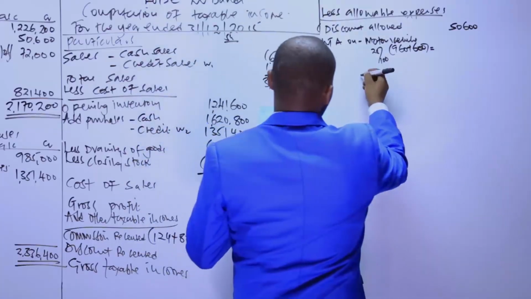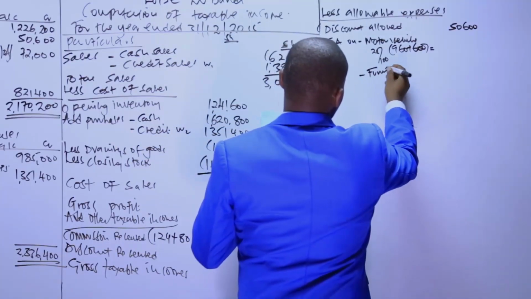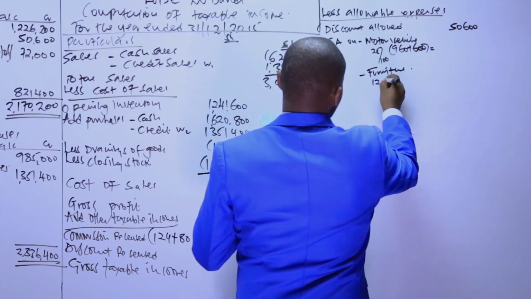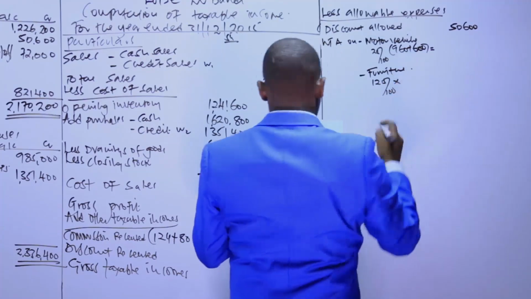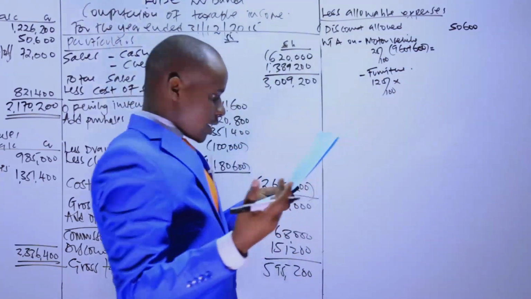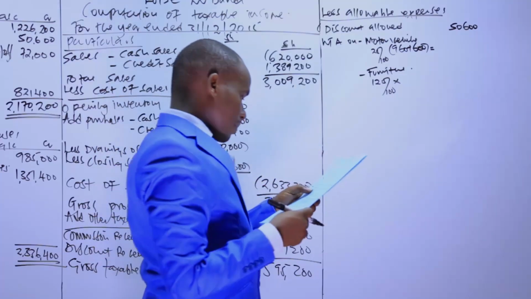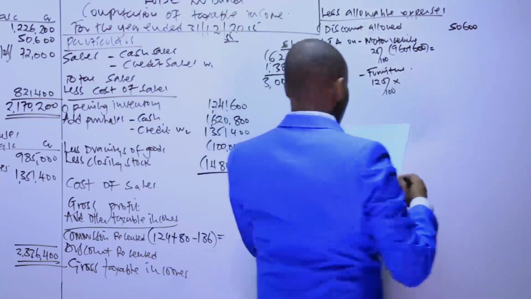Then we will also consider furniture. Furniture qualifies for wear and tear class 4, so 12.5% times 120,000. For furniture, we are not buying other furnitures, so it's only the existing furnitures that will depreciate.